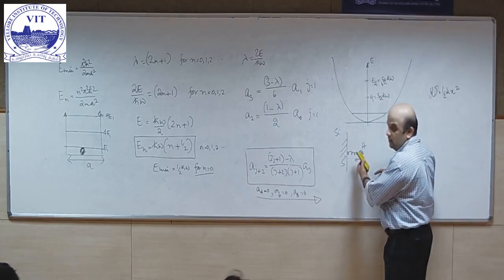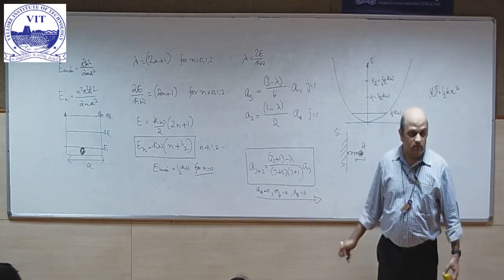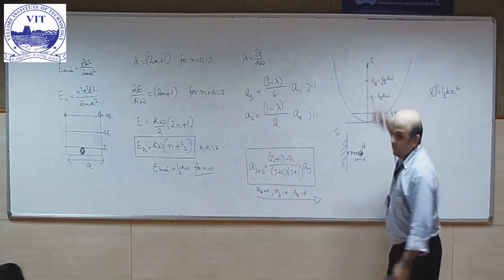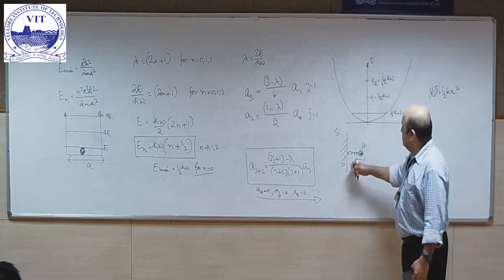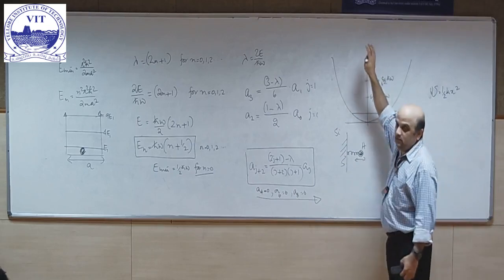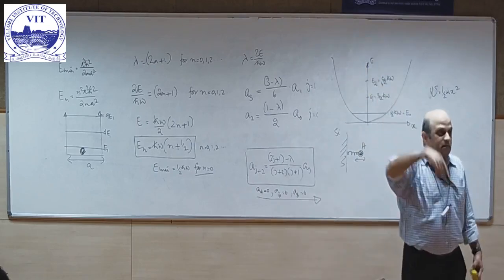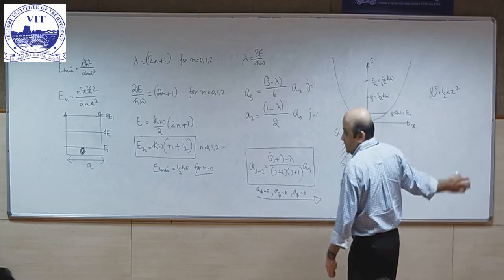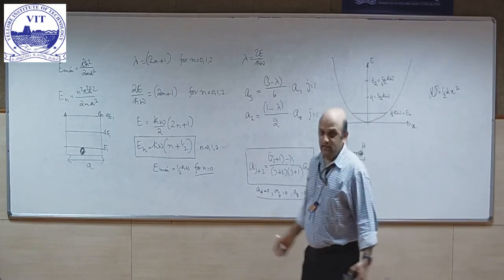You can determine the energy values. Okay, and you will see that they are equally spaced. And once you go beyond certain values of energy, from the experimental point of view, it is actually applied voltage, this will dissolve. So there is no harmonic oscillator field.